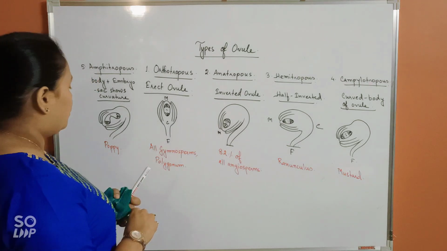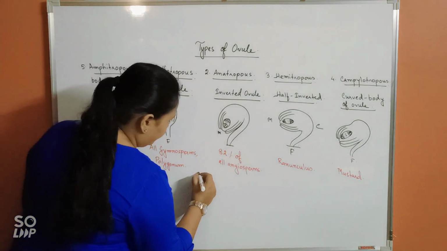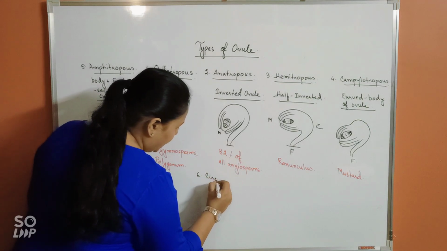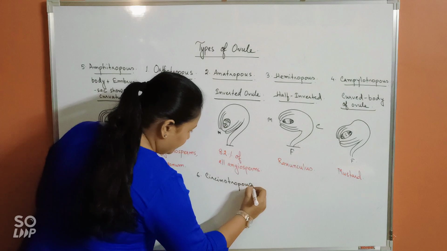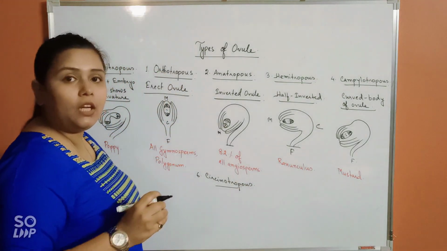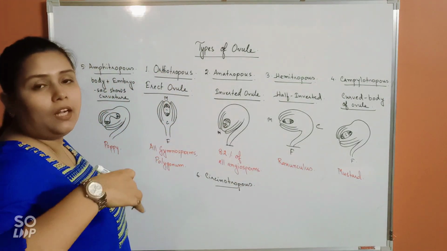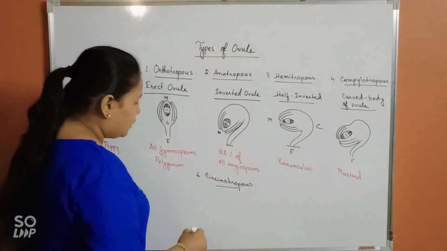Alright, and the last one, circinotropous. Here, the funicle will be circularly surrounding the micropyle. It's going to be like this.